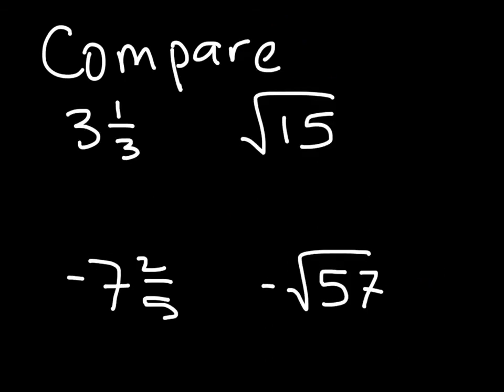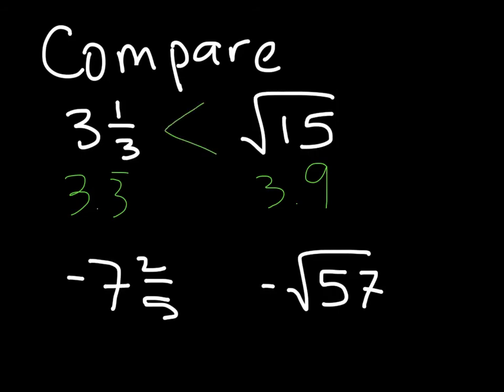Okay, if I have to compare my rational and irrational numbers, I'm just going to estimate. So I'm going to say, okay, this is about 3.3 repeating, 3.3. And then if on my calculator I do the square root of 15, I get 3.9 or 3.87. And so I say 3 1/3 is less than the square root of 15.